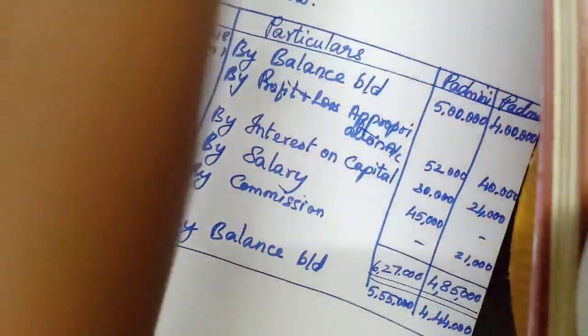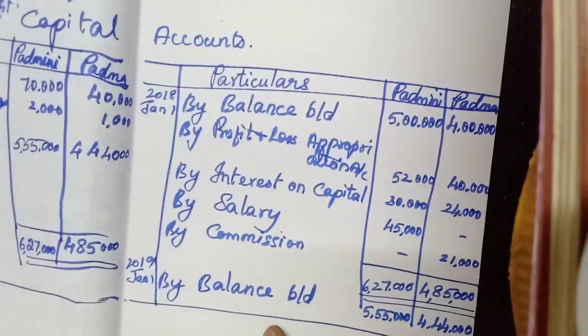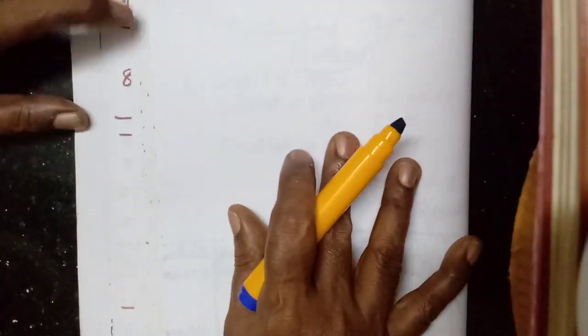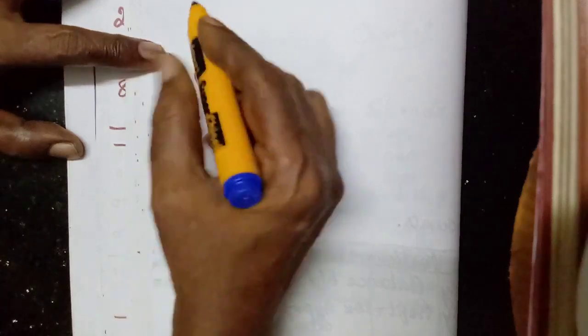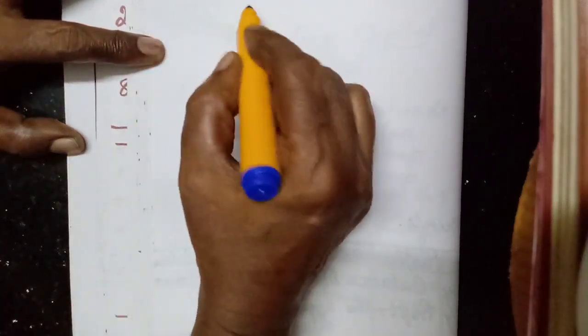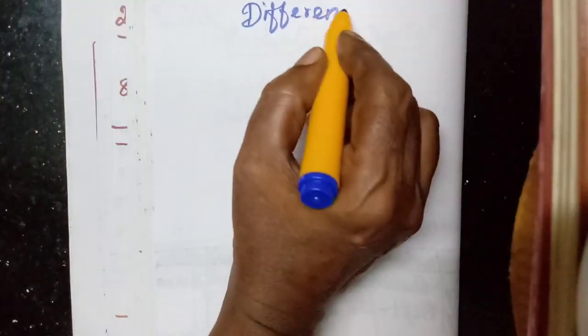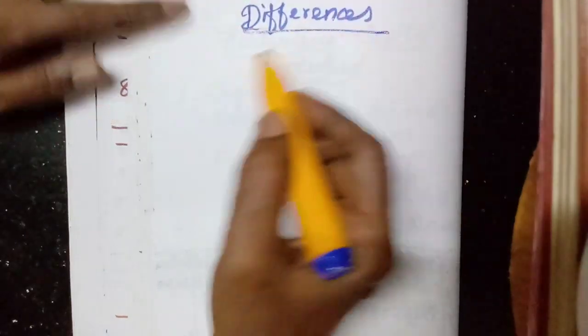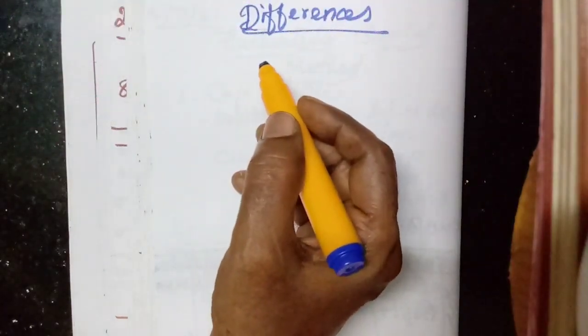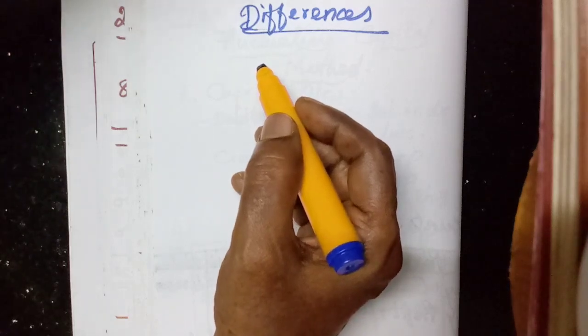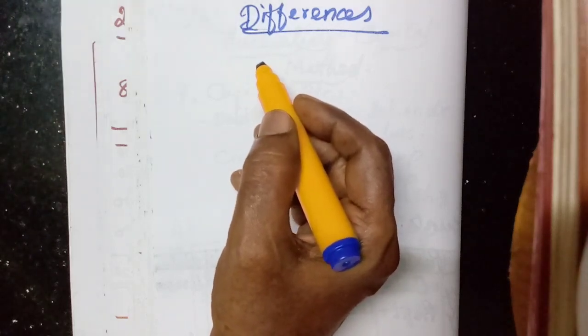Before that, we will learn the differences between the fixed capital method and the fluctuating capital method. We have learned two methods and problems also we have done. Okay, now we will see the differences between fixed capital method and fluctuating capital method.